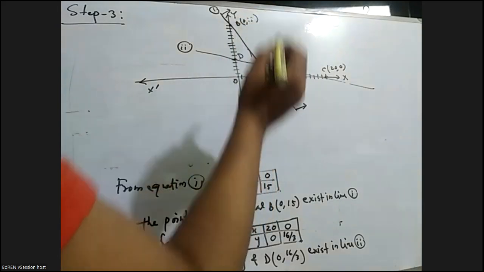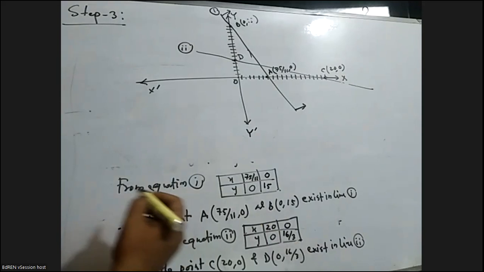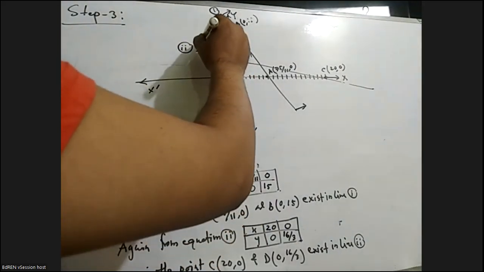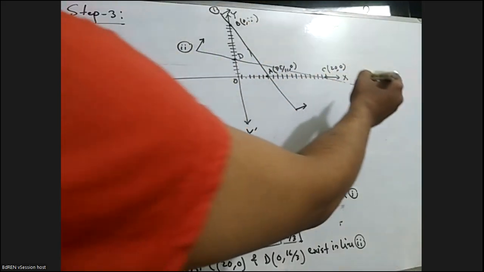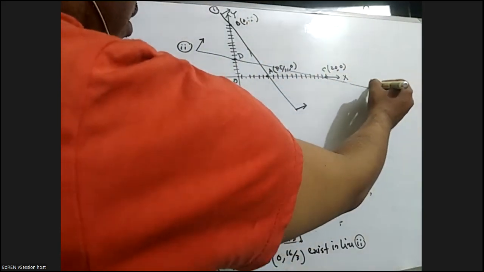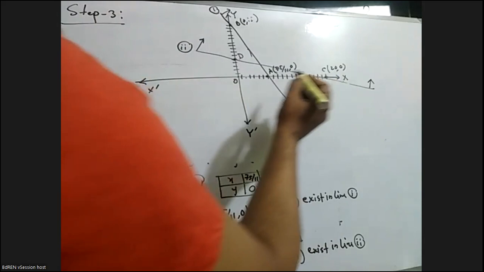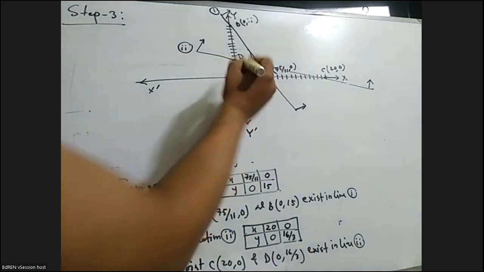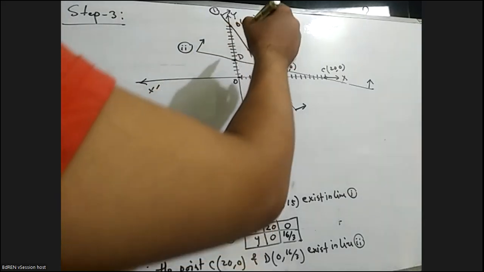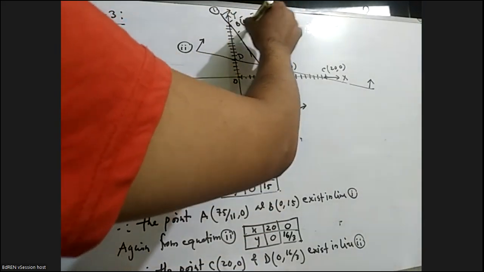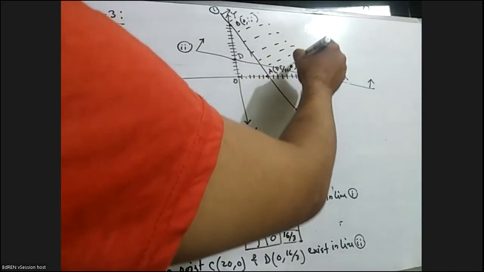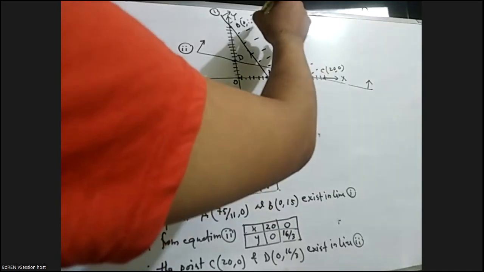Now this also, the shaded part will be opposite to the position of origin. Now which will be the shaded part? The shaded part will be this, common to both lines. This is the shaded area.